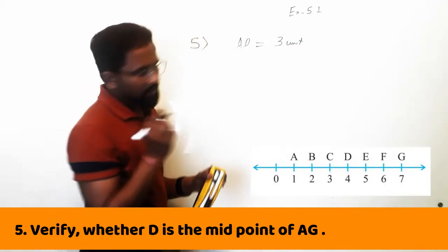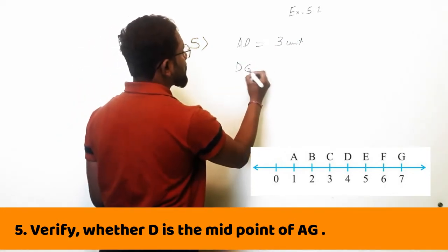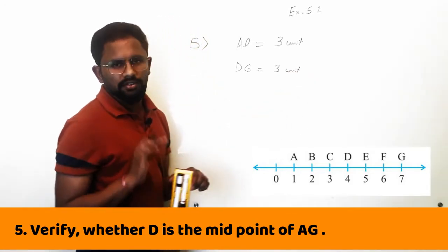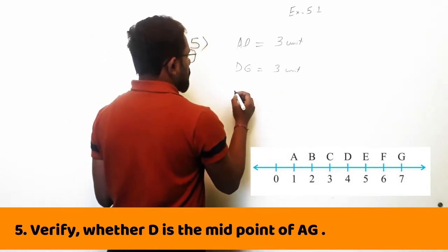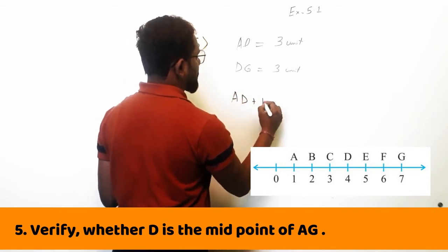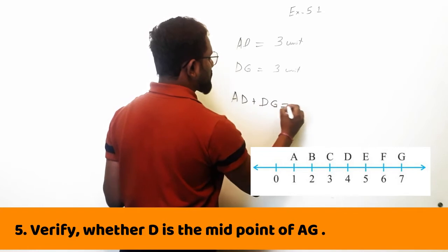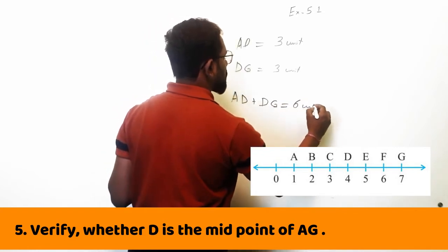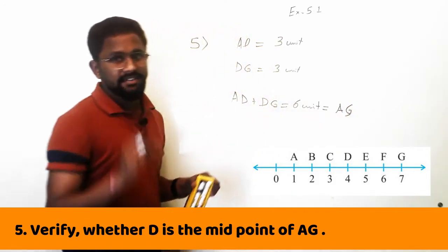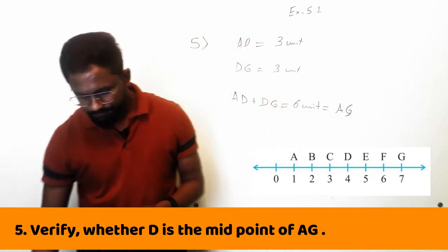And DG equals to 3 unit. You can have a look on the figure. AD plus DG equals to 6 unit, which is equals to AG. So D is midpoint of AG.